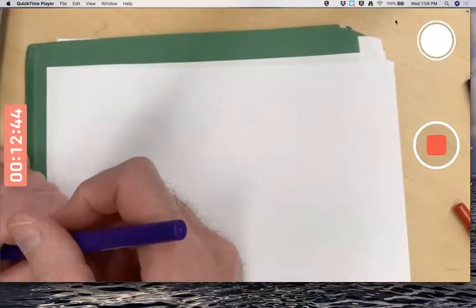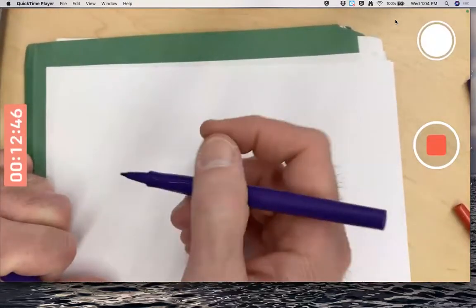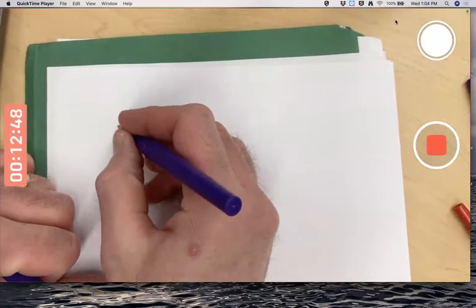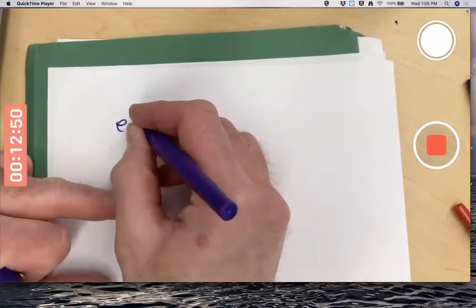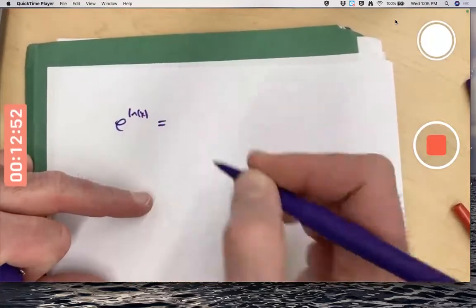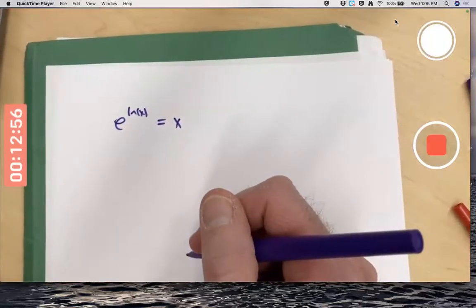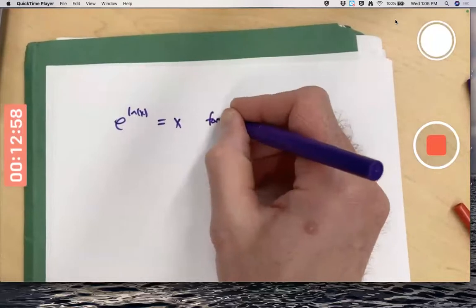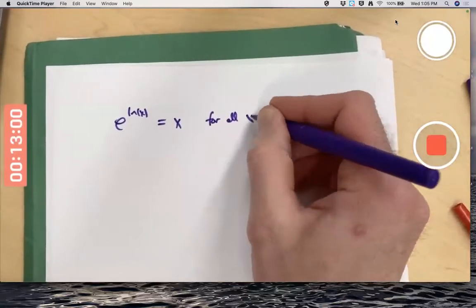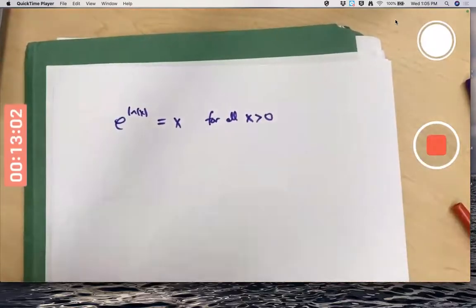So what do we do instead? We use the defining feature of the natural log function. The fact that e to the natural log of x, by definition, is x, for all x in the domain of the natural log function, which is all positive values of x.